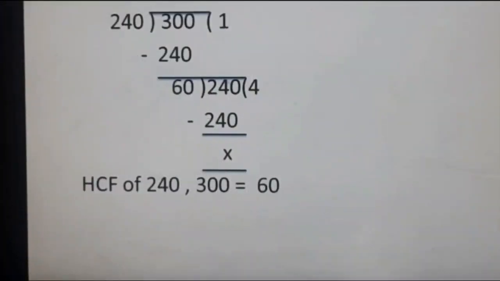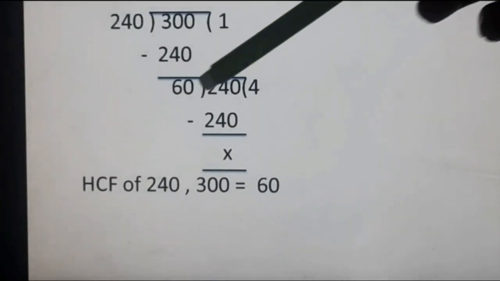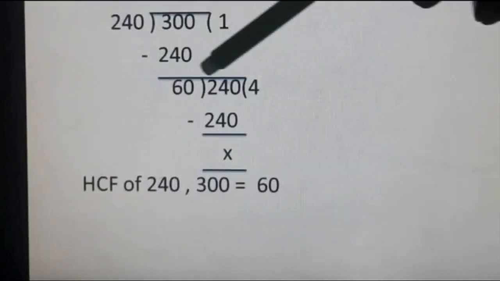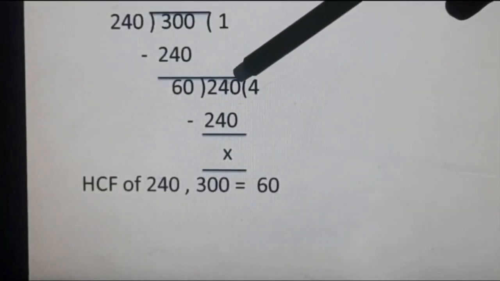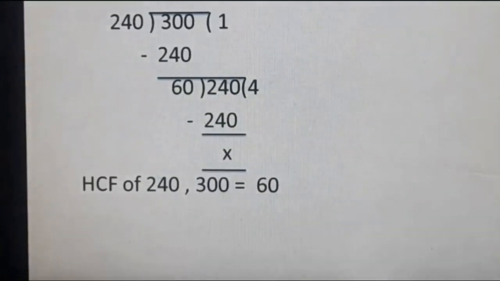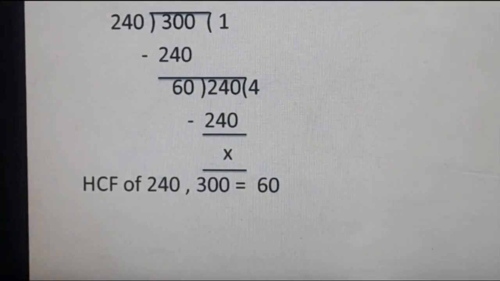For finding the HCF, 300 will become dividend, 240 will become divisor, 240 ones are 240, remainder will be 60. Okay, now 60 will become divisor and 240 will become dividend. 60 fours are 240. So HCF is 60. So our required number is 60.